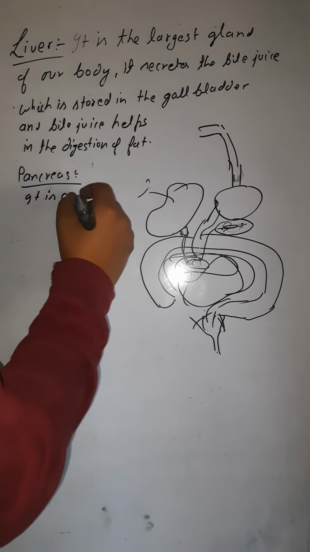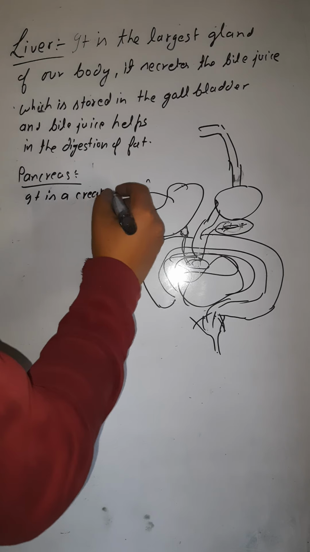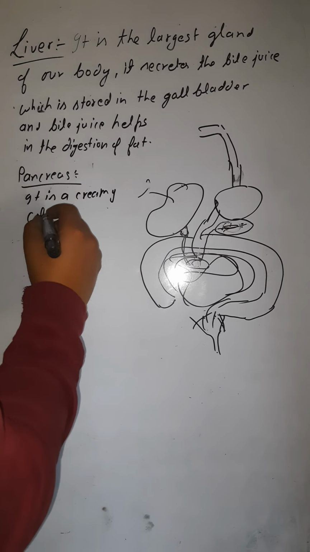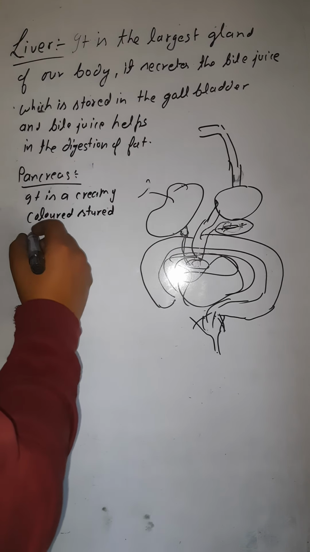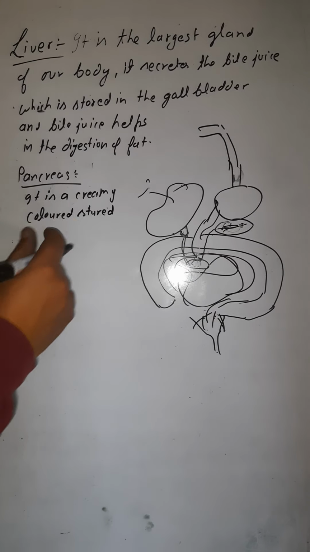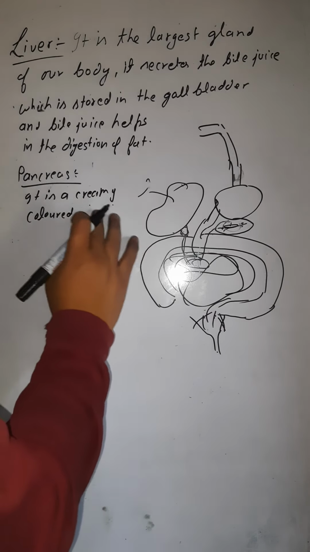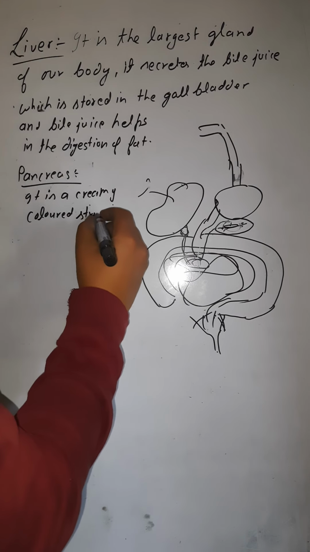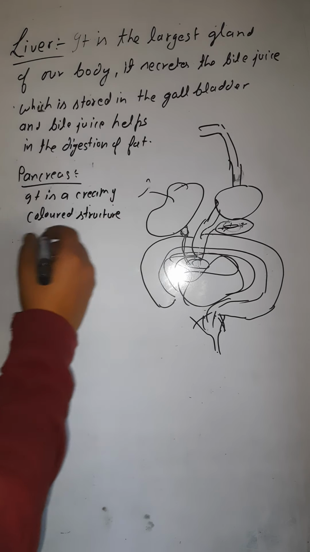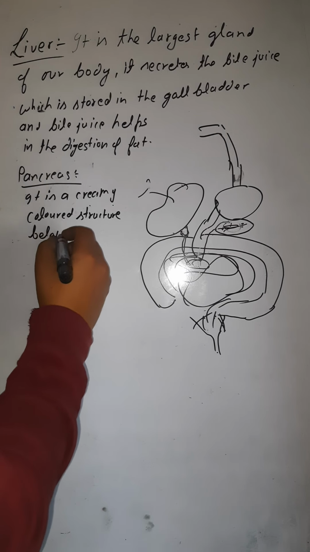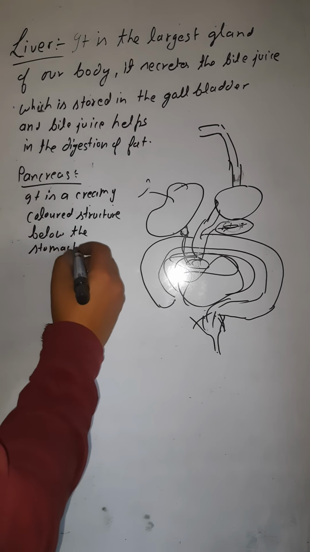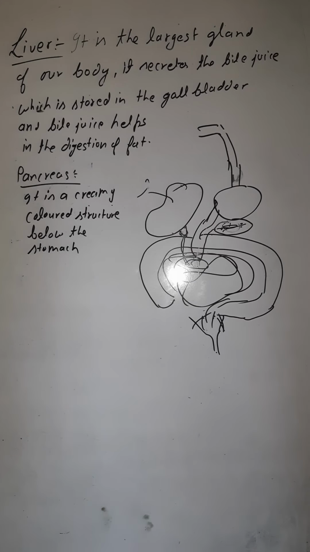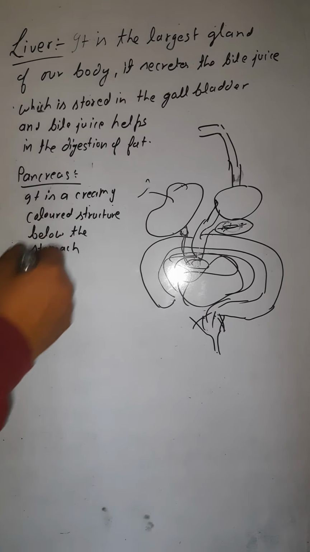It is a creamy colored structure below the stomach, and it secretes the pancreatic juice.